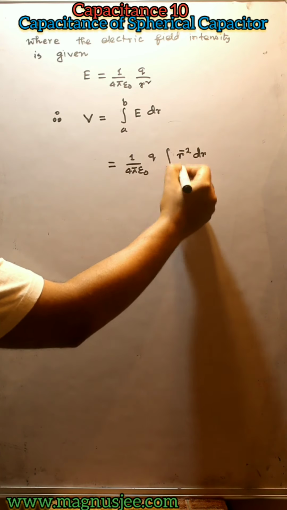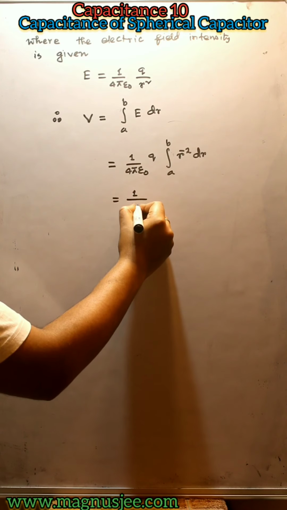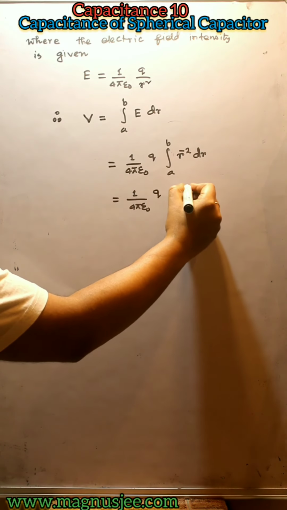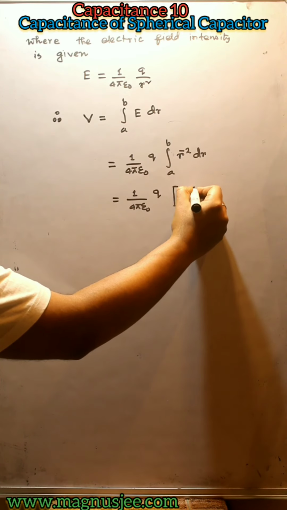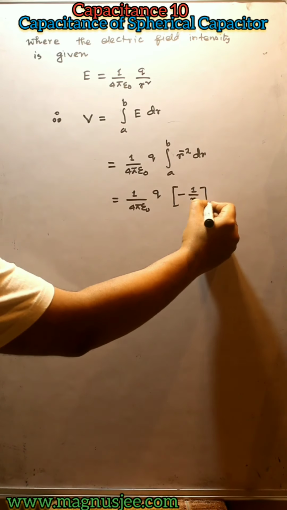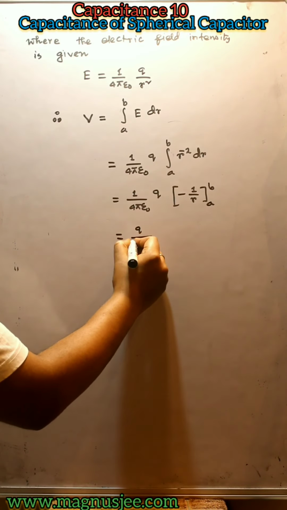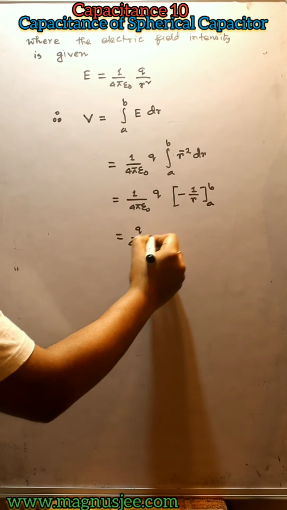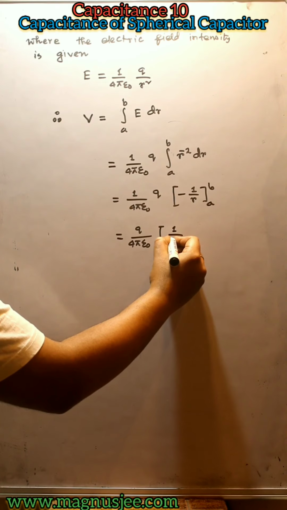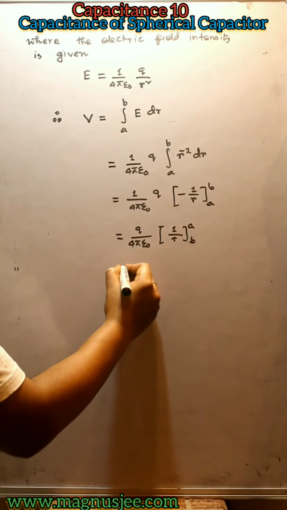1 by 4 pi epsilon 0 q integration a to b r to the power minus 2 dr, which is 1 by 4 pi epsilon 0 q times minus 1 by r from a to b. The lower limit is a and the upper limit is b. Minus 1 by r becomes 1 by r by changing the limits b to a.